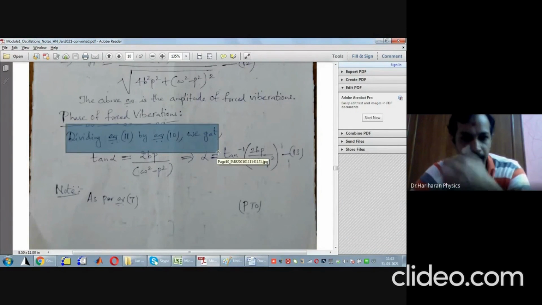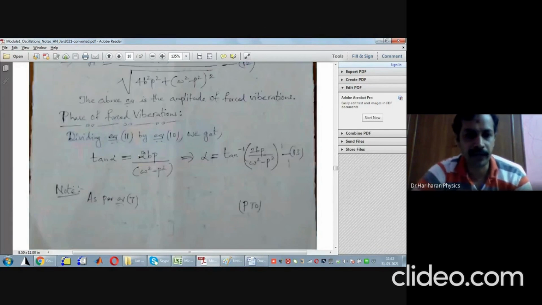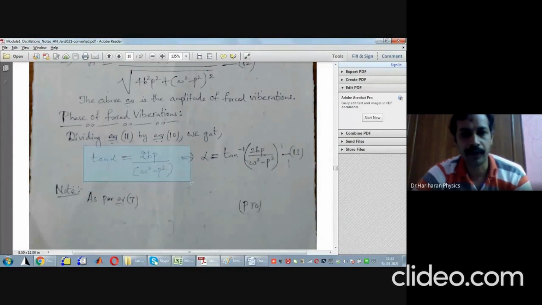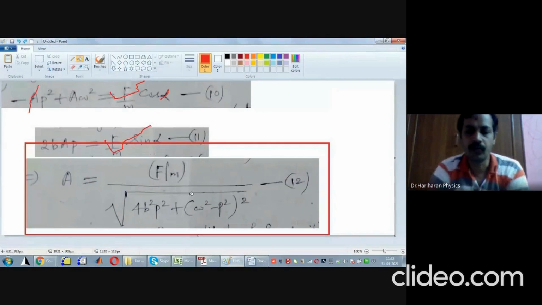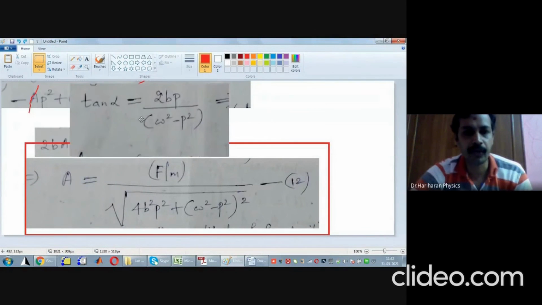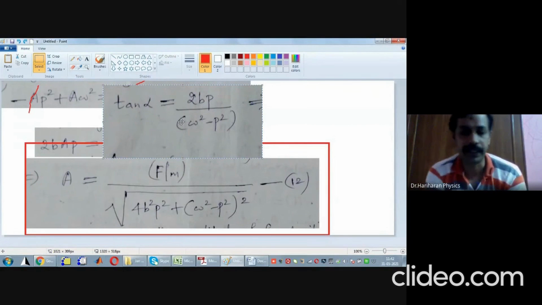Sin alpha by cos alpha gives tan alpha. So tan alpha is going to be this, or alpha is equal to tan inverse of this quantity. This is how the phase and amplitude of the forced vibration are obtained.